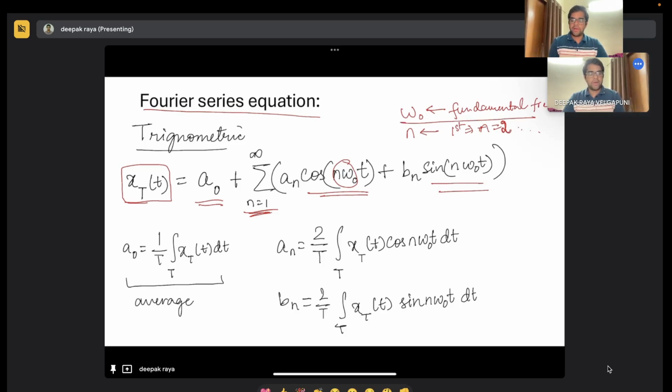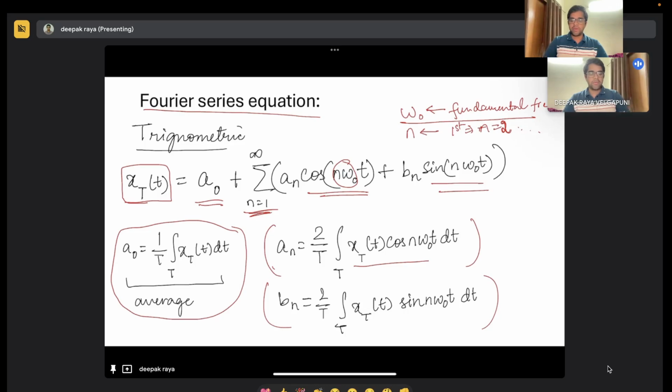So this is the essential expression of Fourier series, and each of these coefficients can be derived in this form, where a naught is nothing but the average value of the signal, and an is nothing but the average value of the signal when you multiply the signal with a cos of some frequency n omega naught, and similarly bn.